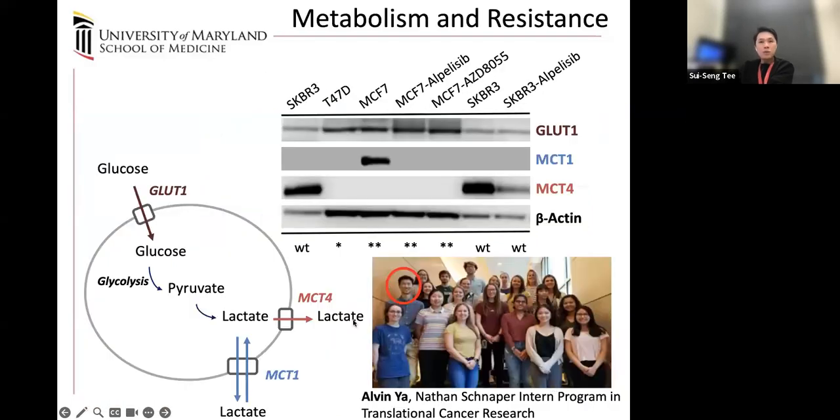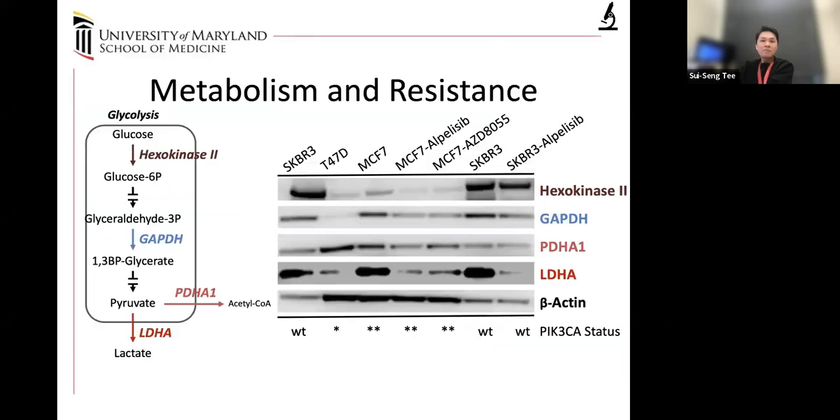And I have a student here who's an intern, and when we do Western blots on these resistant cells, we see MCT1 is completely reduced instead. So we are really not sure what is going on now, but we definitely see a metabolic phenotype when cells get resistant to PI3 kinase inhibitors.